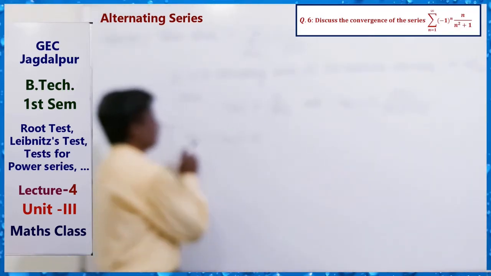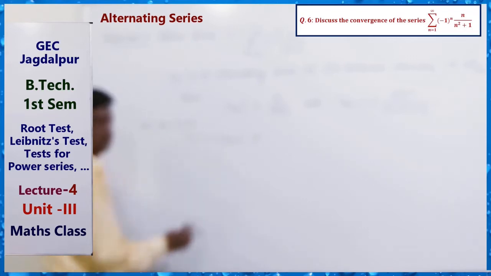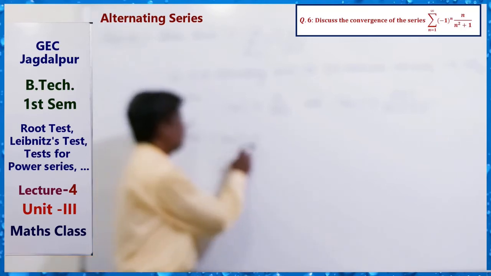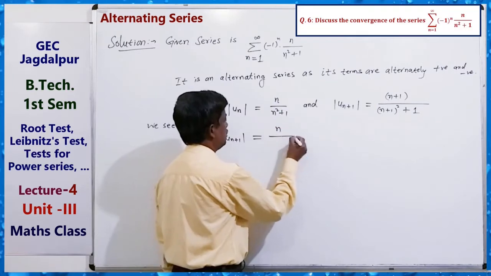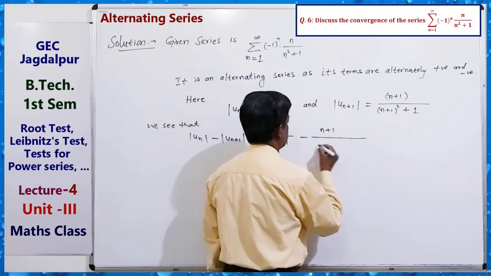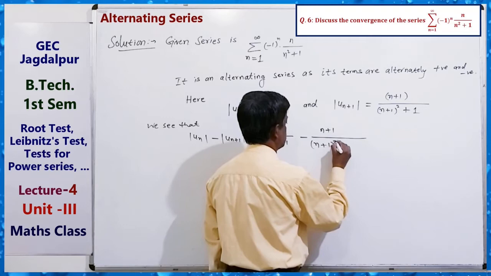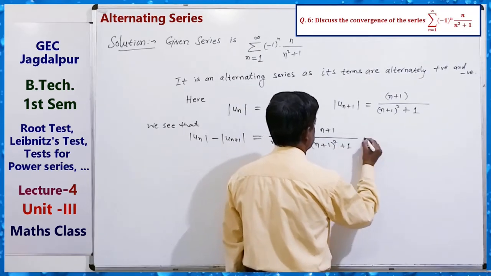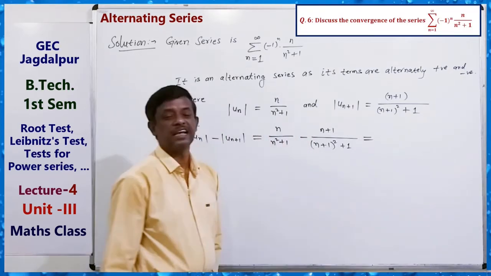Also, here we see that sign. If this is greater than 0, then alternately, numerically less than will hold. So here, n upon n square plus 1 minus n plus 1 upon n plus 1 square plus 1 can be solved by taking LCM.